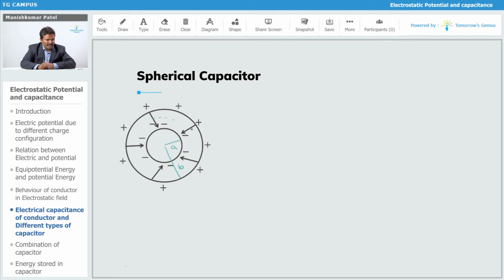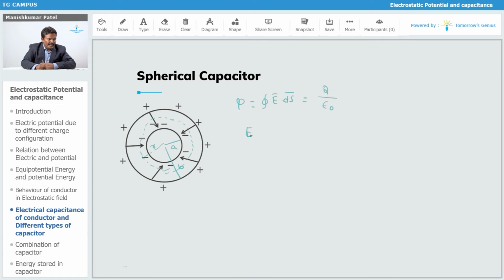According to Gauss law, I will select one Gaussian surface of radius R and find the flux crossing this surface. So phi is equal to the integration of E bar dot ds bar, which is equivalent to the total charge upon epsilon naught.